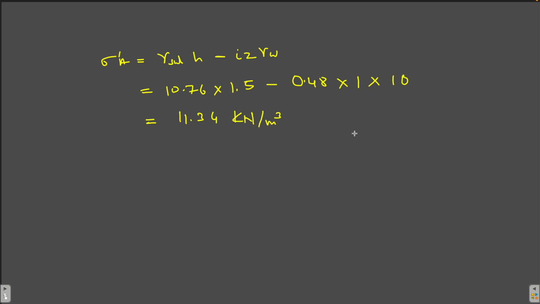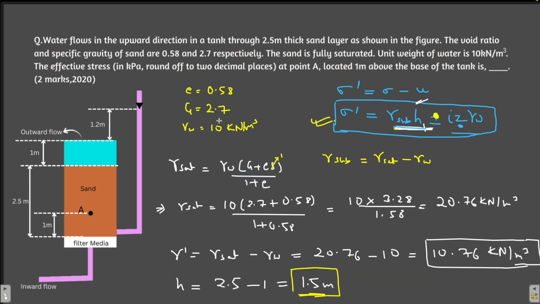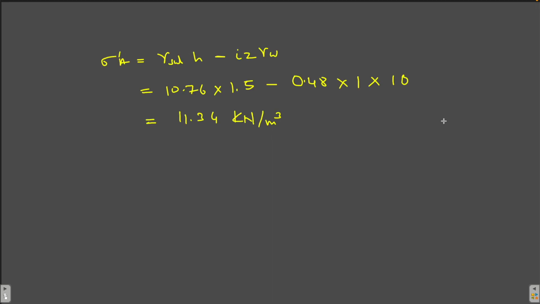Now, we know that we have to find the answer in kilopascals. So 1 pascal is how much? 1 pascal is 1 newton per meter square. This is not per meter cube, it is per meter square. So we can write this as 11.34 kilopascal.